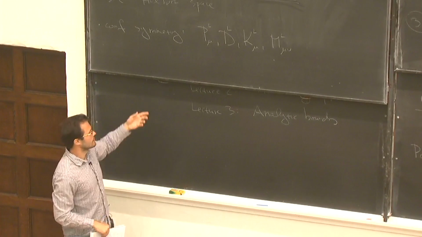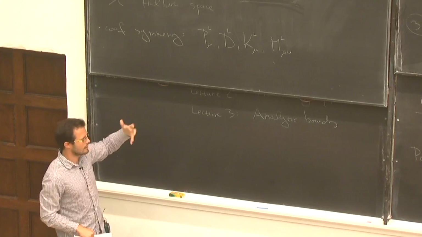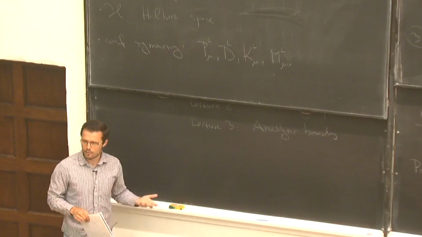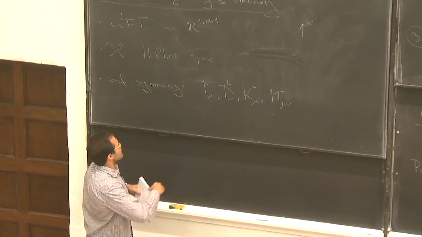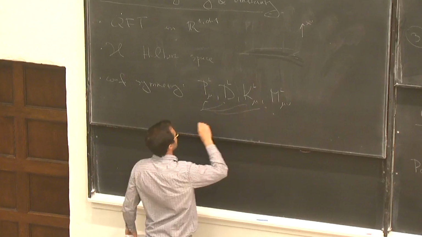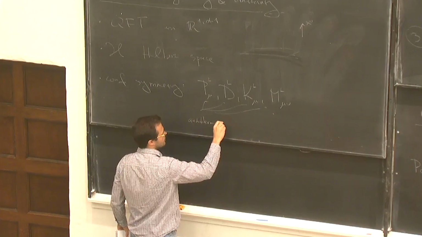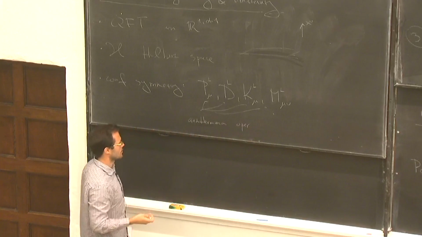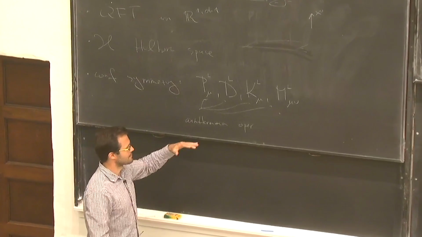Wigner has taught us that every time you have some set of continuous symmetries connected to the identity acting on the physical system, these are represented by anti-Hermitian operators on the Hilbert space. Usually people prefer to multiply them by i and call them Hermitian, but I find that slightly confusing.